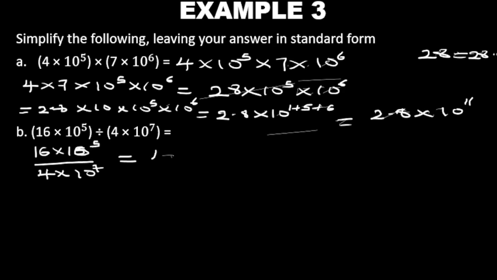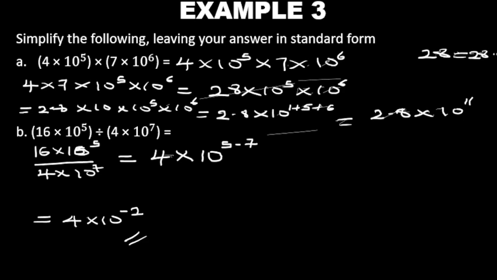That will be 4 times, now, if you look at this, 10 raised to the power of 5 divided by 10 raised to the power of 7, we have the same base, which is 10, being divided. What do we do? We keep the base and then we subtract the powers. That will be 5 minus 7. So that will give us 4 times 10 raised to the power of 5 minus 7, which is minus 2.